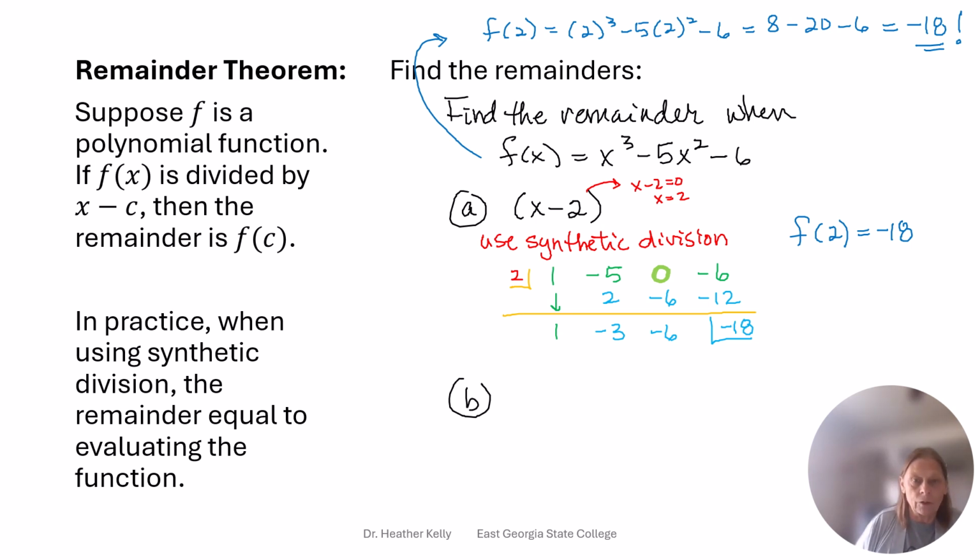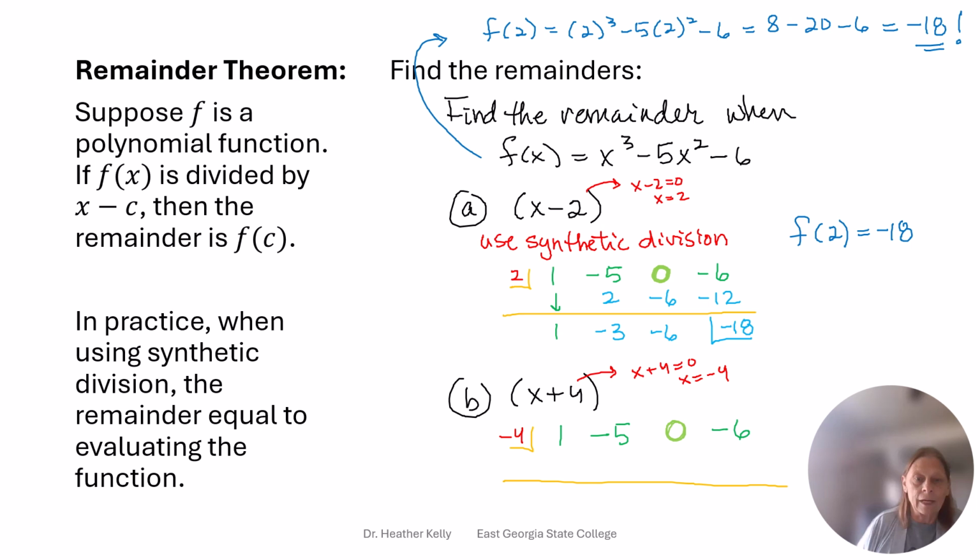Let's check out x plus 4. So same. We have 1, negative 5, our 0 for our placeholder, and our negative 6, because those were the coefficients of our polynomial. And when we do this one, we have x plus 4 equals 0, x equals negative 4.